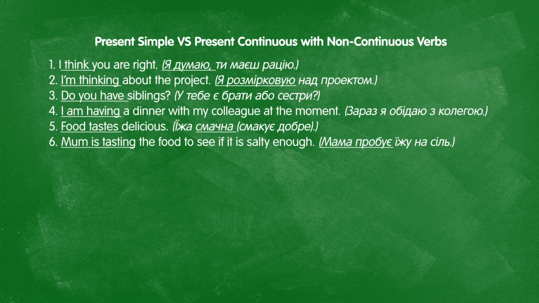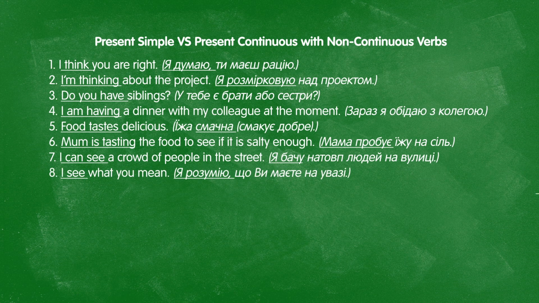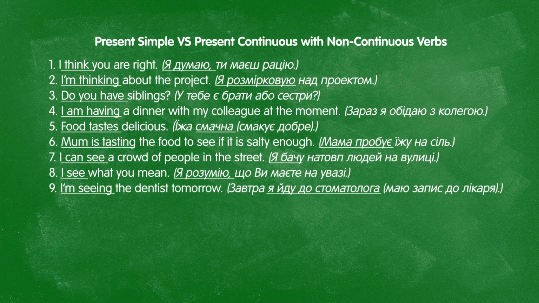It's still a process. Or the next few examples, I can see a crowd of people in the street. I see what you mean, and I'm seeing the dentist tomorrow. In the first sentence, I'm speaking about my ability to see a crowd of people. I can see them. But in the second, I see what you mean, what I'm actually saying is, I understand.